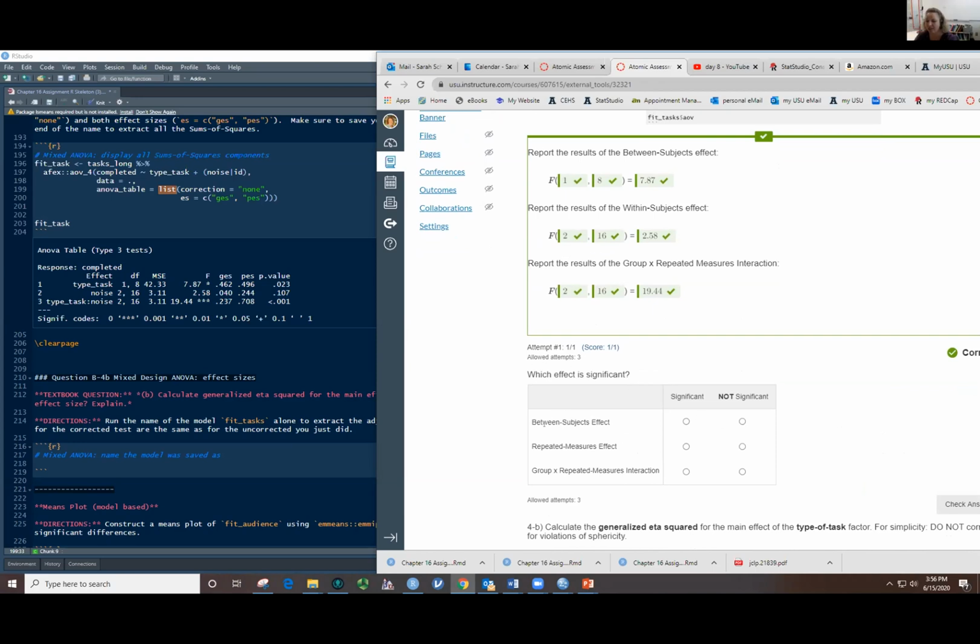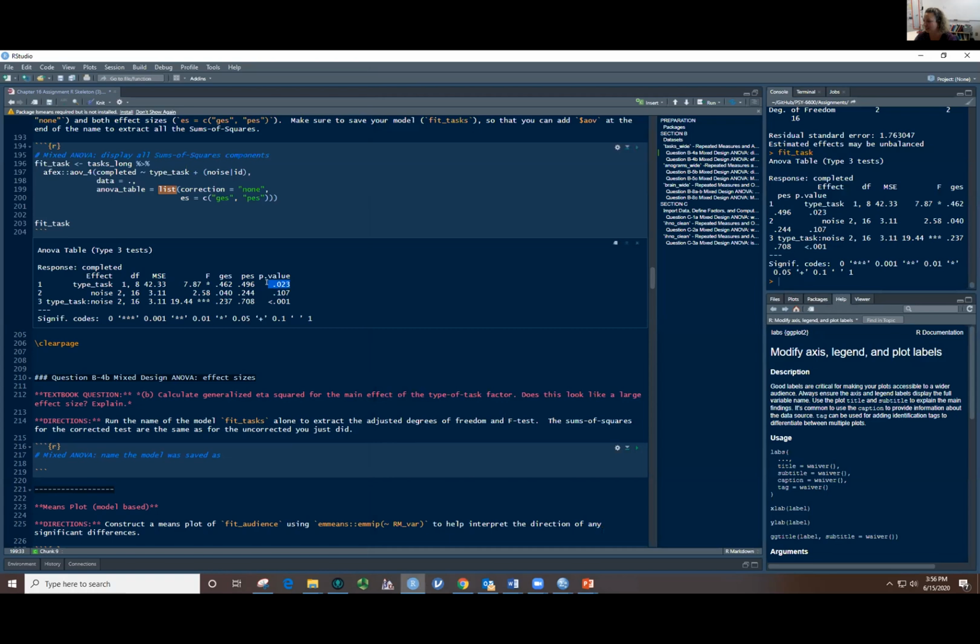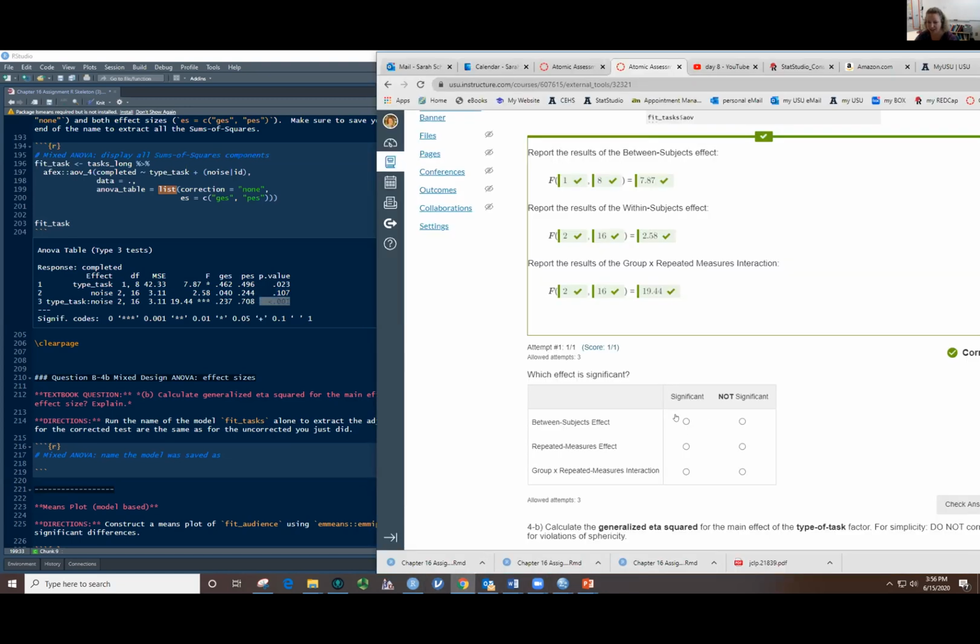So what is significant? Is the between subject effect significant? This first one? Yes. Is the within subjects factor significant as a main effect? No. What about the interaction between the two? Yes.